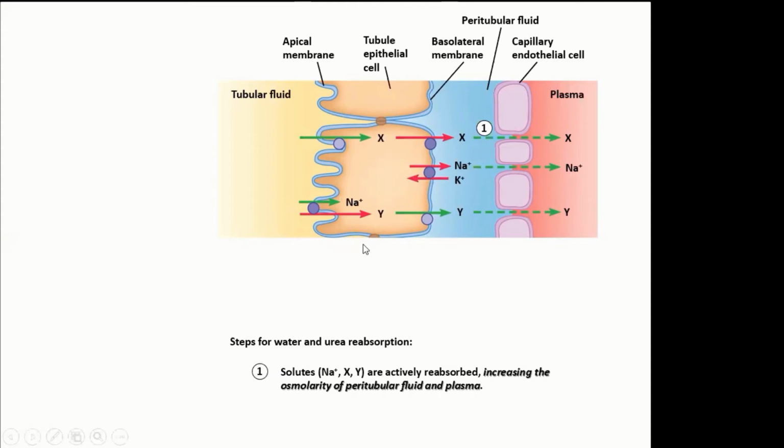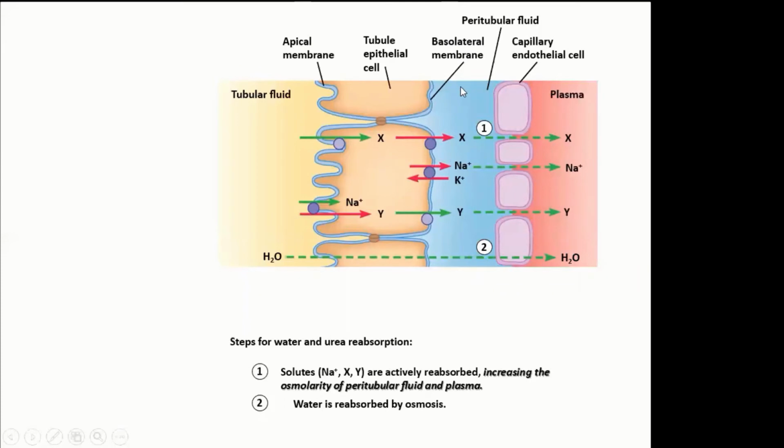That's why there's an X and a Y. If we're talking about other solutes, the active part of the reabsorption, the place we're using ATP, might be at the basolateral membrane, or some of this active reabsorption, like if we're thinking about glucose, we'd have secondary active transport at the apical membrane. But really we're tracking right now the solutes that are moving into the paratubular fluid. So most of the active stuff that we're concentrating on is happening here at the basolateral membrane.